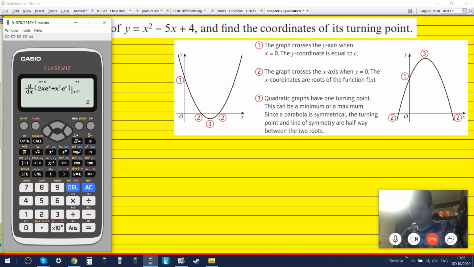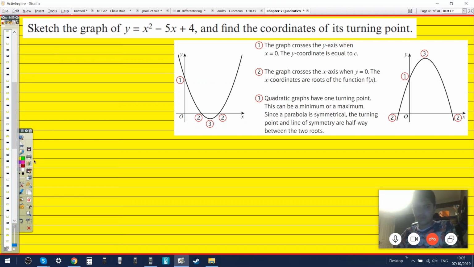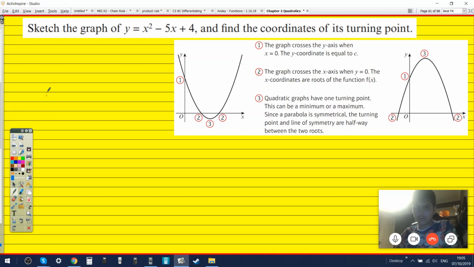And then I got x is 4 or x is 1. Okay. So when y is equal to 0, x is equal to 4, x is equal to 1.